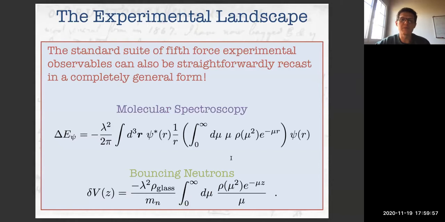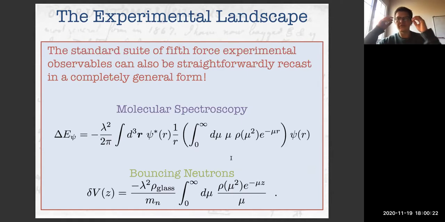But I think maybe the most interesting thing is that this way of capturing general scalar forces is really very, very general. And you can write the experimental observables themselves that are used in fifth force experiments to set limits directly in terms of rho. So this is the most general and compact way you can parameterize these things.